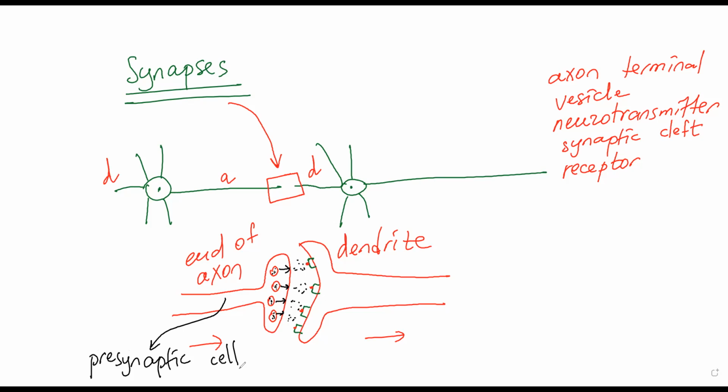The next one is known as the post-synaptic cell. Post means after. For example, we are calling Azerbaijan or Tajikistan or Ukraine post-Soviet countries, because after the Soviet Union, they created these countries. So post means after, pre means before.